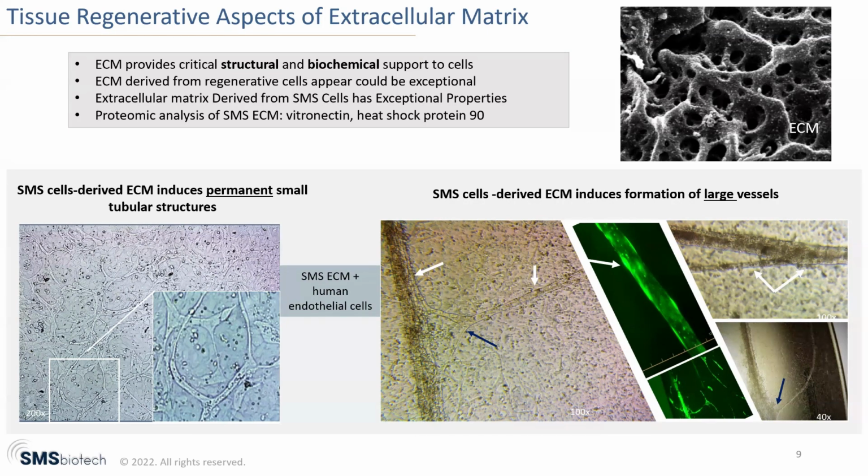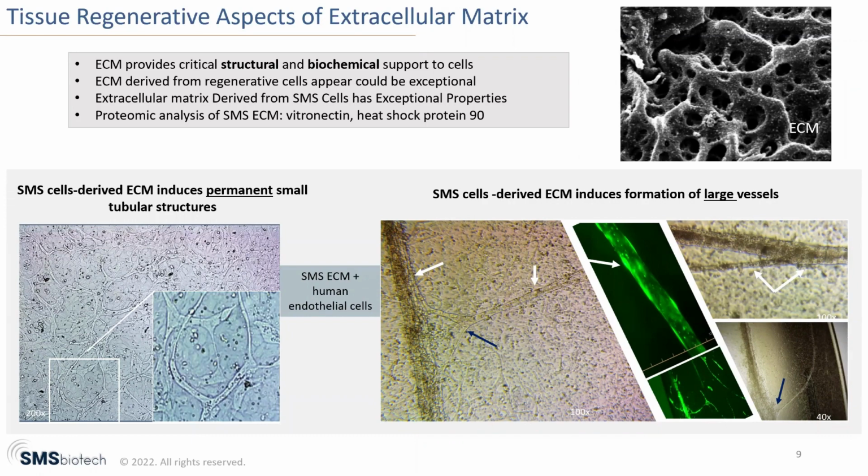We know that SMS cells produce proteins that are already independently known to be important for tissue regeneration, such as vitronectin and heat shock proteins. We know also that the extracellular matrix derived from these cells promotes the formation of small vessels by endothelial cells.